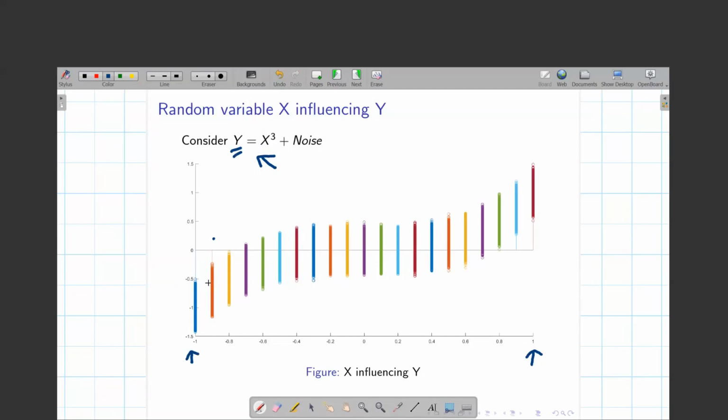So you are observing the value x cube plus the noise added to it, and the noise considered here is Gaussian. This is the Gaussian noise.